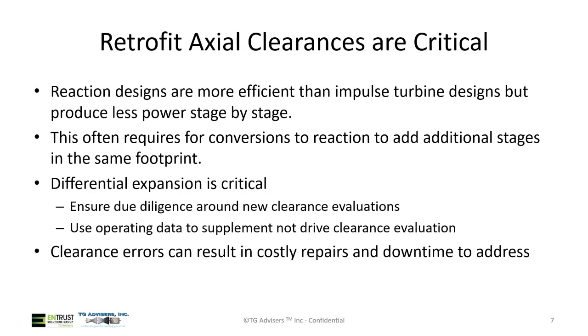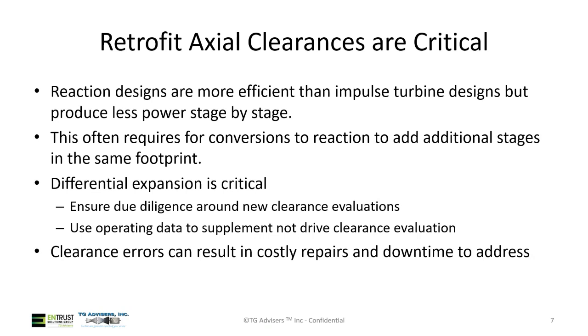So the first one, I touched on this a little bit, is retrofit axial clearances. Like I said, impulse designs have fewer stages, but a little bit less efficiency. Going to a reaction design turbine, which has more stages, requires you to fit it into the same footprint. So differential expansion is always going to be key with those.